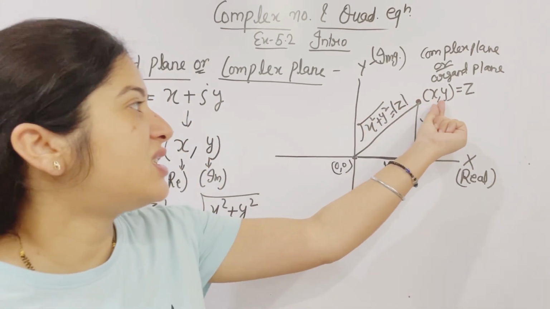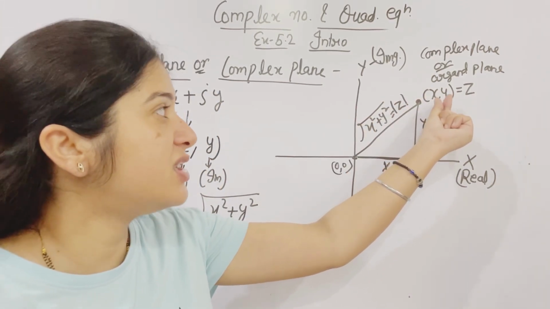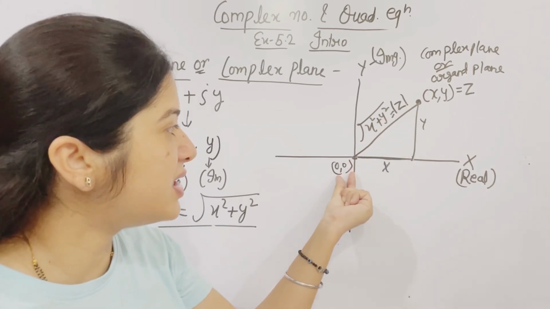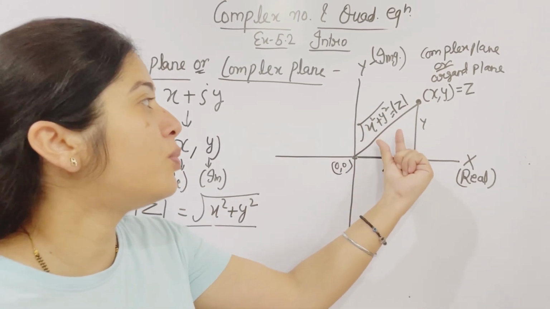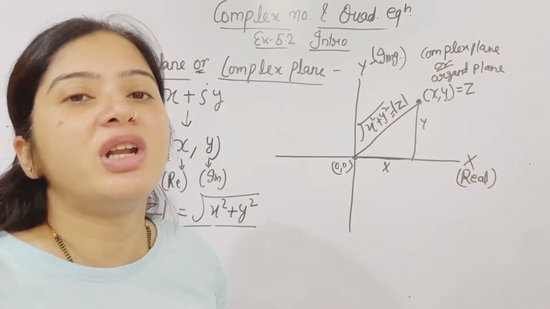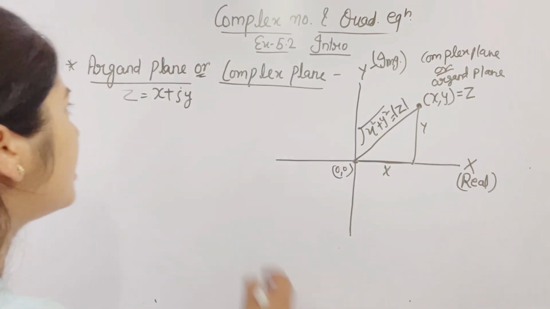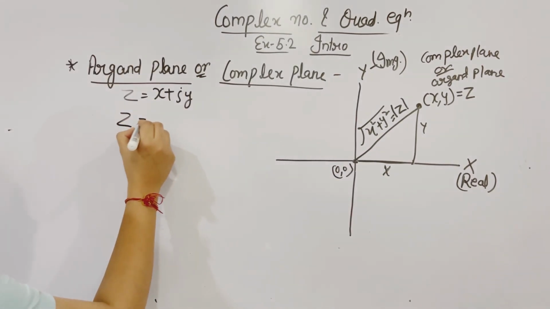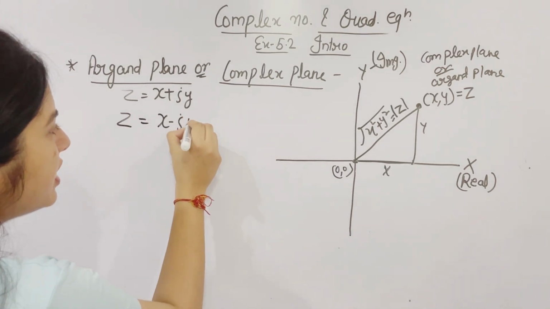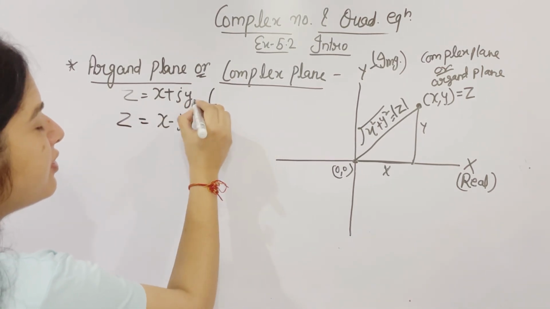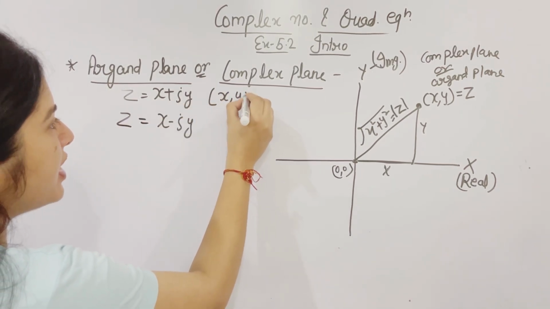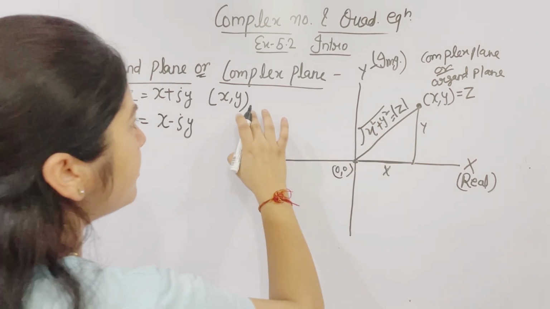Means the distance of this point, this ordered pair, from the origin is represented by the modulus of a complex number. Now if we take another complex number, z equals x minus iota y. This was z equals x plus iota y, x comma y. It is the representation of this.